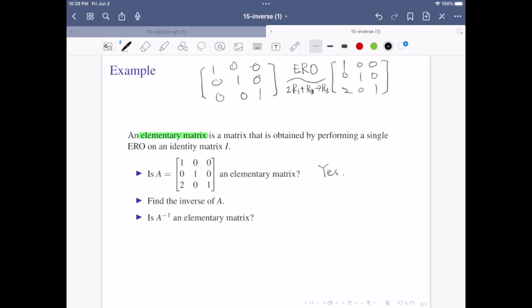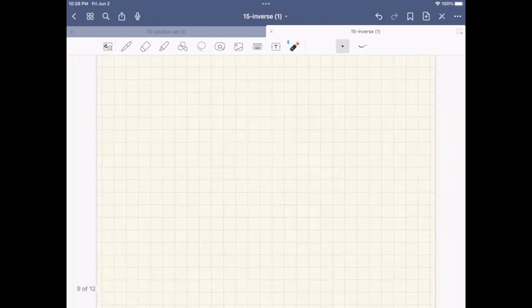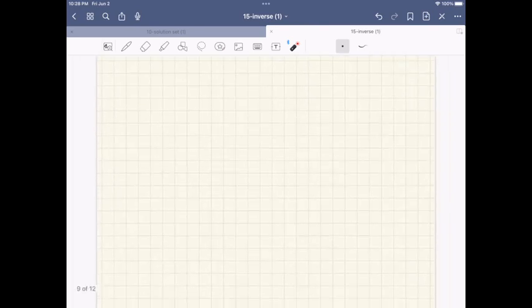Now the second question is, what is the inverse of A? Now we are going to use our algorithm. So the matrix A is 1, 0, 0, 0, 1, 0, 2, 0, 1.